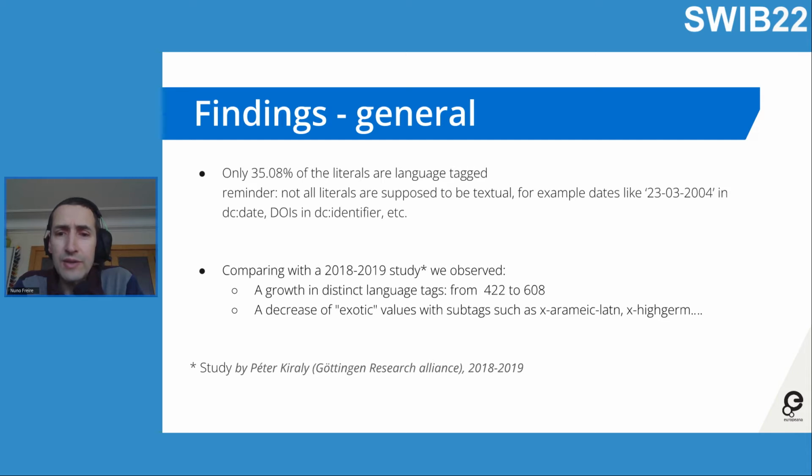And comparing with the study from Peter Kirawi that I mentioned in an earlier slide, we have noticed a growth in distinct language tags from 422 to 608. And we also found a decrease in some more exotic language tags with extensions.